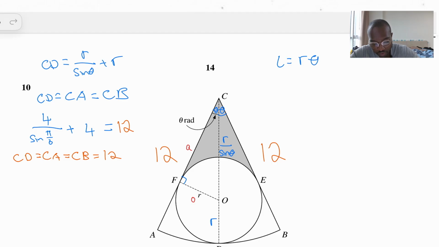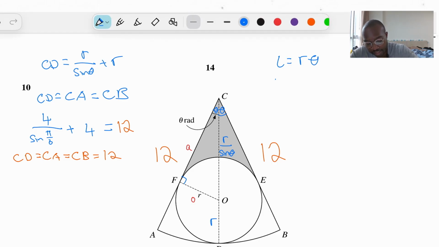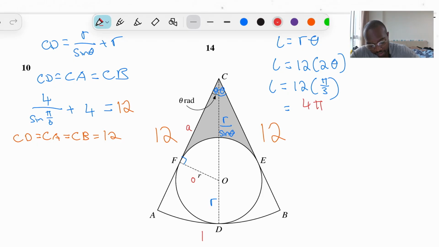It's 12, so L is equal to 12 times 2 theta. That will be 2 times pi over 6, which is just pi over 3, and therefore that would give us 4 pi. Therefore, we know that the arc length is 4 pi. So it's 12 plus 12 plus 4 pi. Therefore, the answer is 24 plus 4 pi.